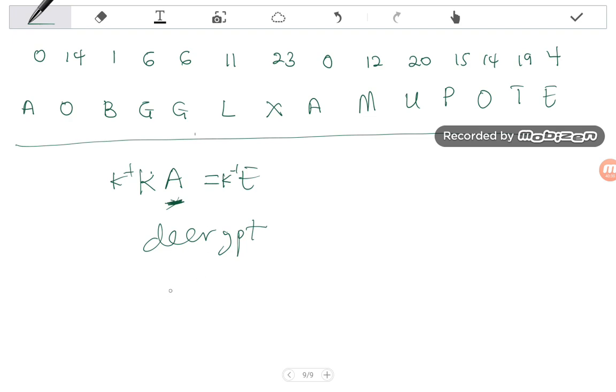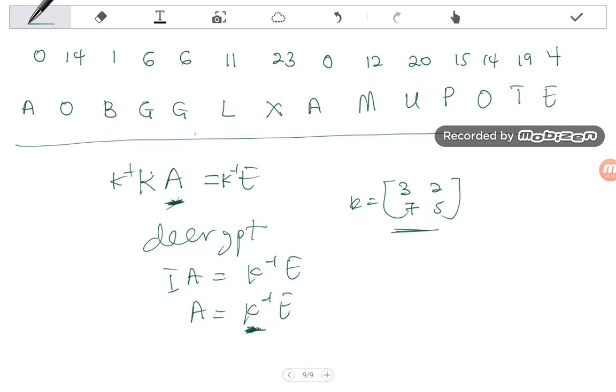So K inverse times K gives us I, times A, is equal to K inverse times E. Therefore A is equal to K inverse times E. So to go back to the original attack at dawn, you multiply the inverse of your key, which was given as 3275, by the encrypted message, and that gives you back your encrypting message. Okay, so let's look at another example.